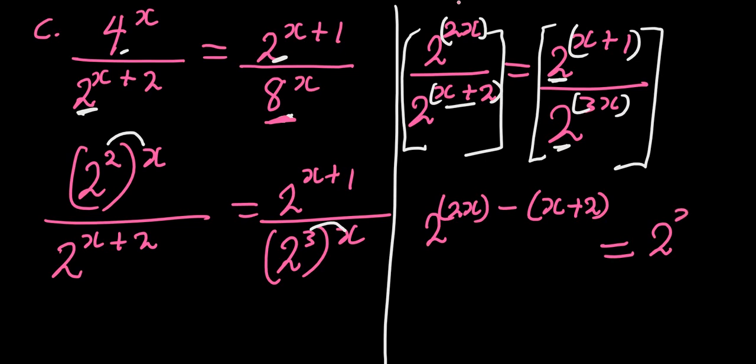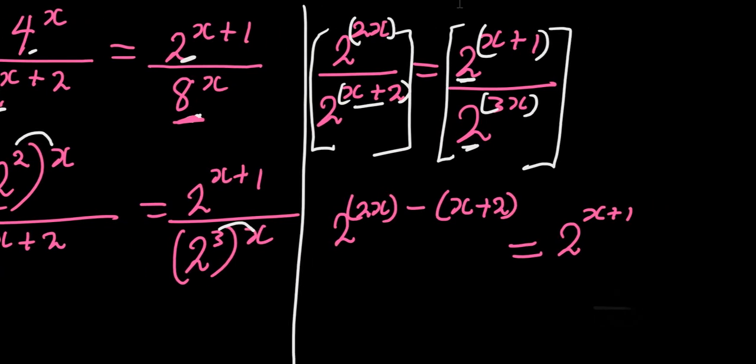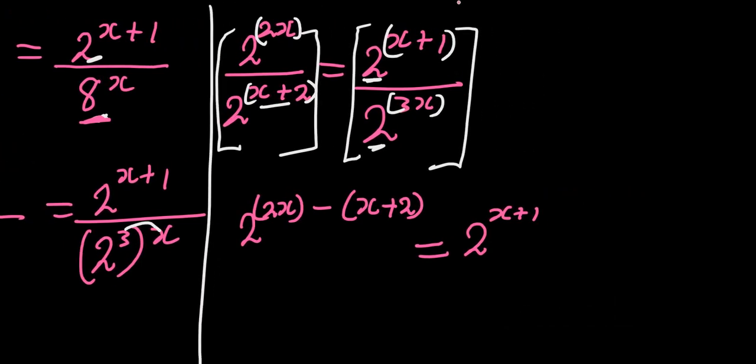So this will become 2 exponent x plus 1. You can put this in parentheses. Okay, minus 3x. You can also put this in parentheses. Good. So as it is now, we have a negative in between.